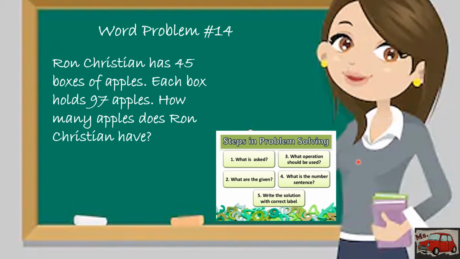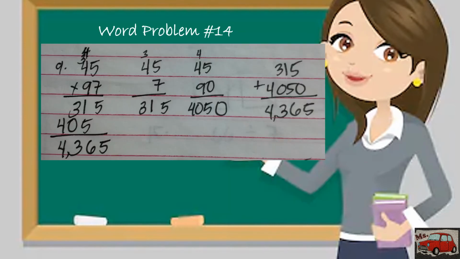Next, what operation should be used? So, since ang clue natin dyan is each box and hinahanap natin yung total na apples ni Ron Christian, so we will use multiplication. What is the number sentence or expression? So since multiplication, that would be 45 times 97. Then let's solve. Alright, so we have here 45 times 97.